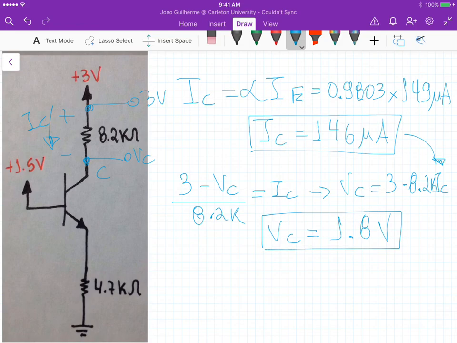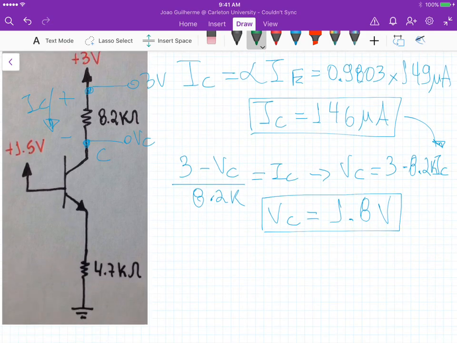And the quantity that's left is IB. Okay, what's the current IB here? Now remember that we have IE flowing down here, and we have IC up here.